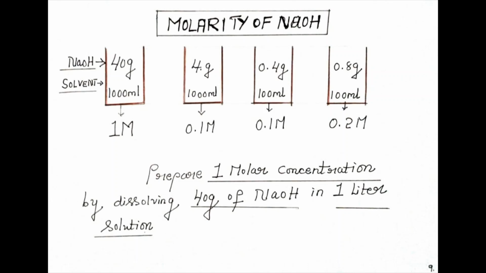Observe the second one. 0.1 molar concentration means 4 gram in 1000 ml. 0.1 molar for 100 ml means you have to dissolve 0.4 gram. 0.2 molar for 100 ml means just double it. 0.4 into 2, 0.8. So it's 0.8 gram in 100 ml. So you can prepare basically 1 molar concentration by dissolving 40 grams of NaOH in 1 liter solution.